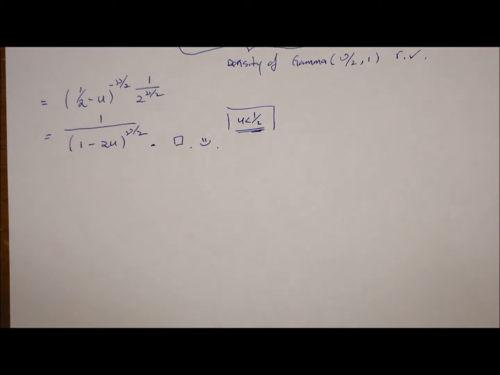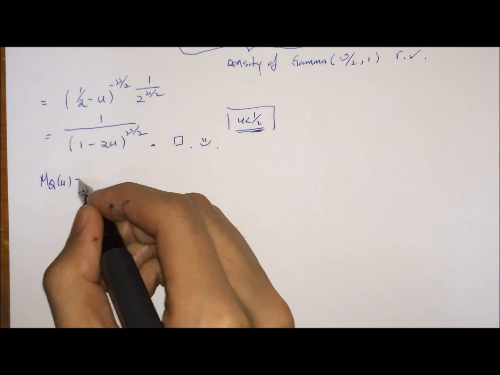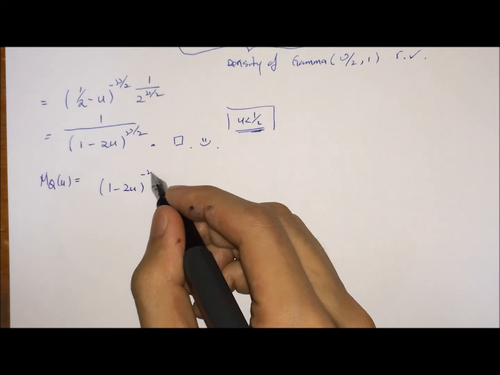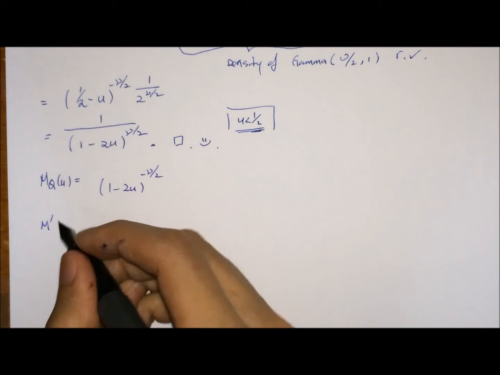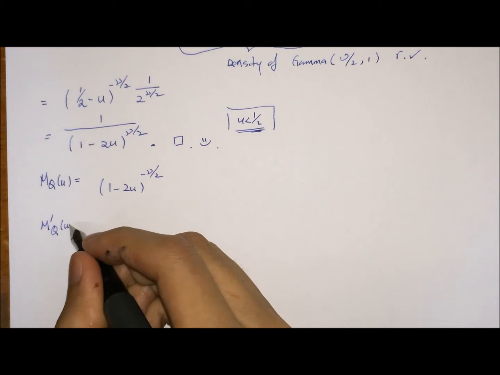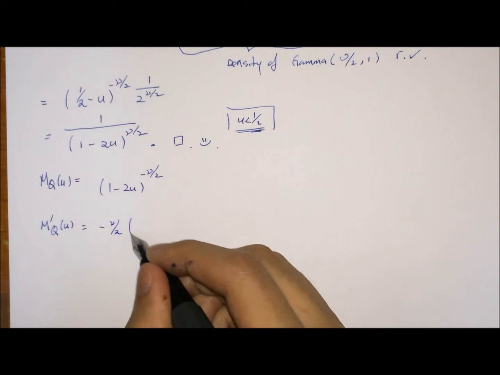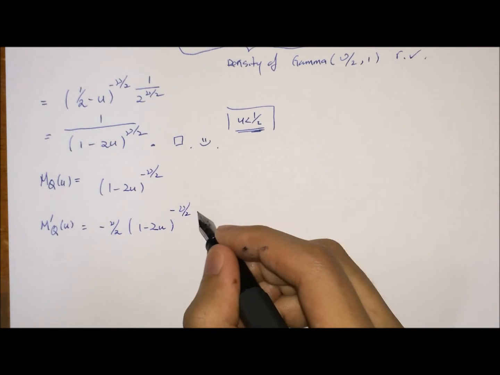Or you can just memorize the expectation and the variance of the gamma random variable, right? So M_Q(u) is equal to 1 minus 2u to the minus nu on 2. Right, so the first derivative of the MGF with respect to u is equal to minus nu on 2, 1 minus 2u to the minus nu on 2 minus 1.